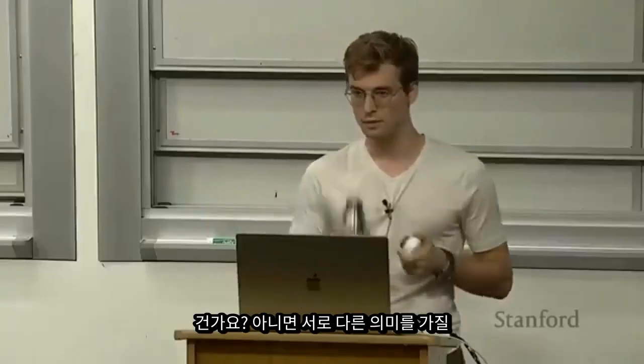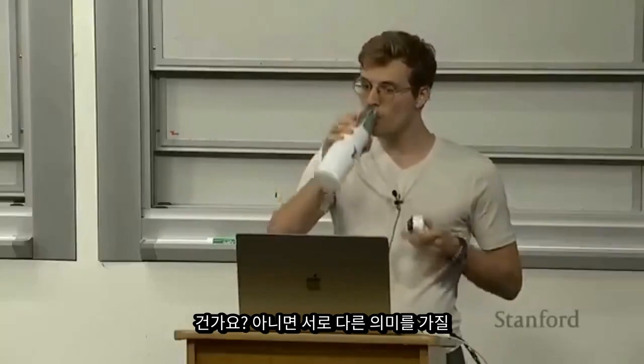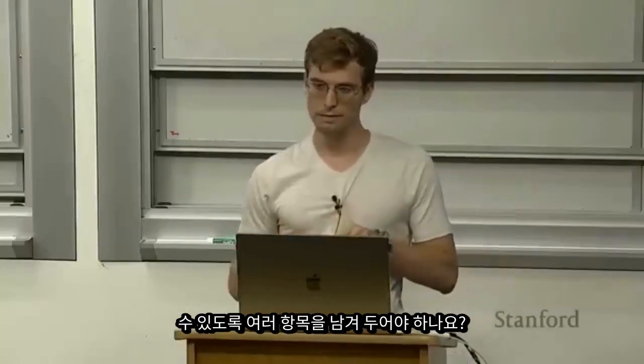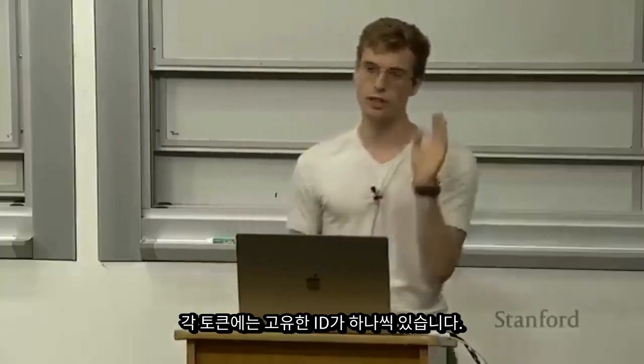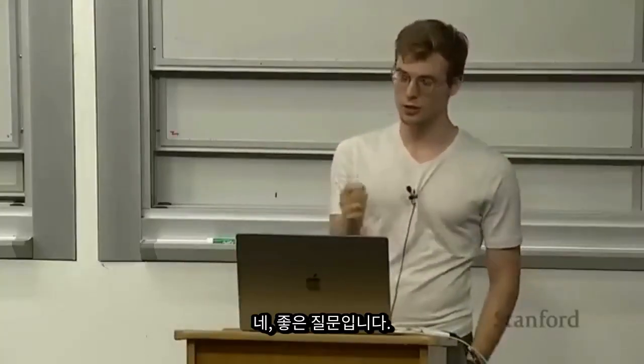So yeah. Yes? Are the tokens unique? So say in this case, TOKEN, is there only one occurrence, or do you need to leave multiple occurrences so they could take on different meanings or something? Oh, I see what you say. No, every token has its own unique ID. This is a great question.